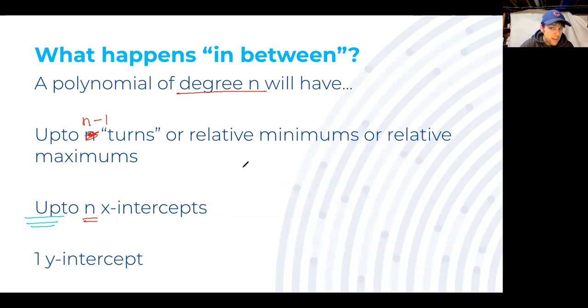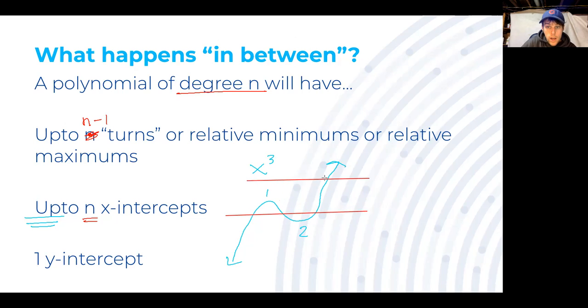A degree 3 graph. So let's just look at x cubed. So a degree 3 graph, not just that simple function, could have 2 turns, right? Degree 3 could have 1, 2 turns. Depending on where the x-axis is, it could cross 3 times, 1, 2, 3 if this was our x-axis.